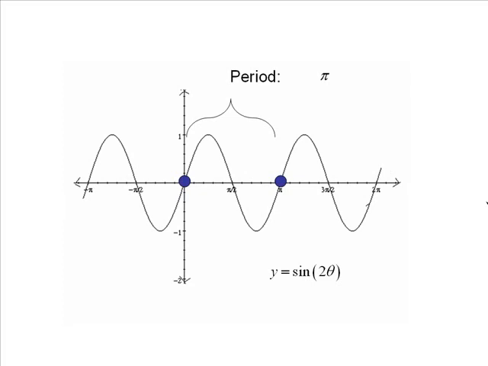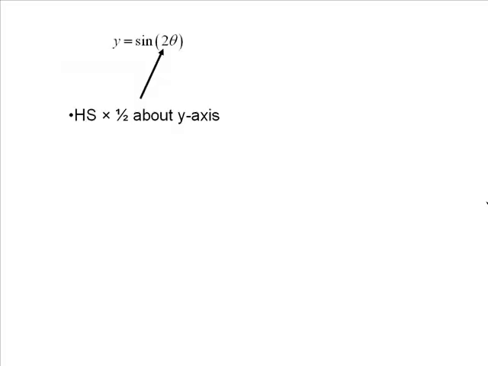That is how long it takes for the wave to go. If you start at the origin, where I've got the first blue dot, you'll see at pi it starts, there we are again, exact same position. So, horizontal stretch by a factor of 1/2 about the y-axis.